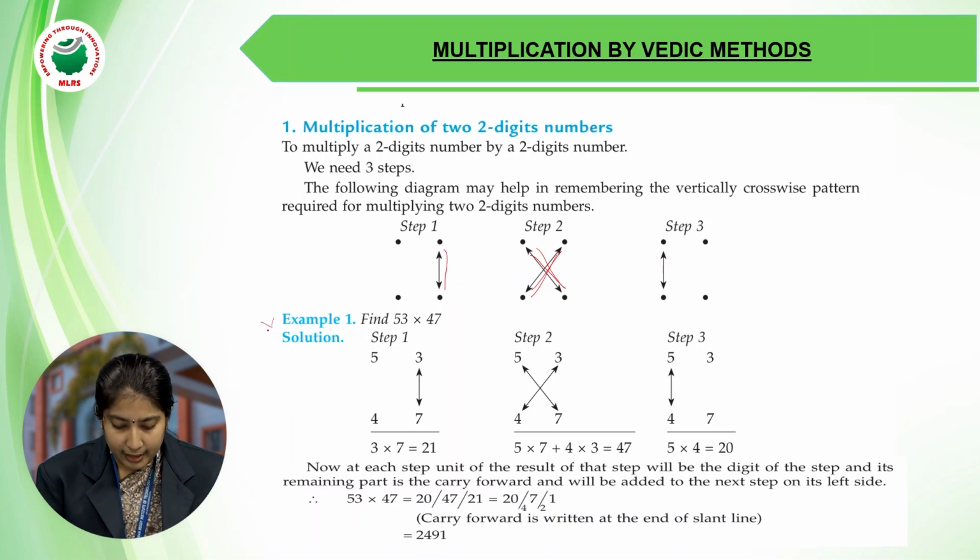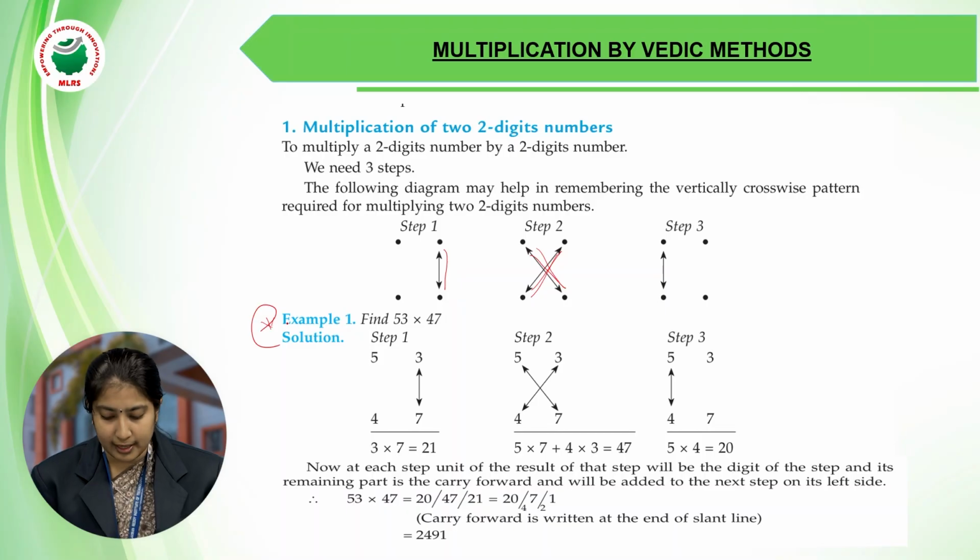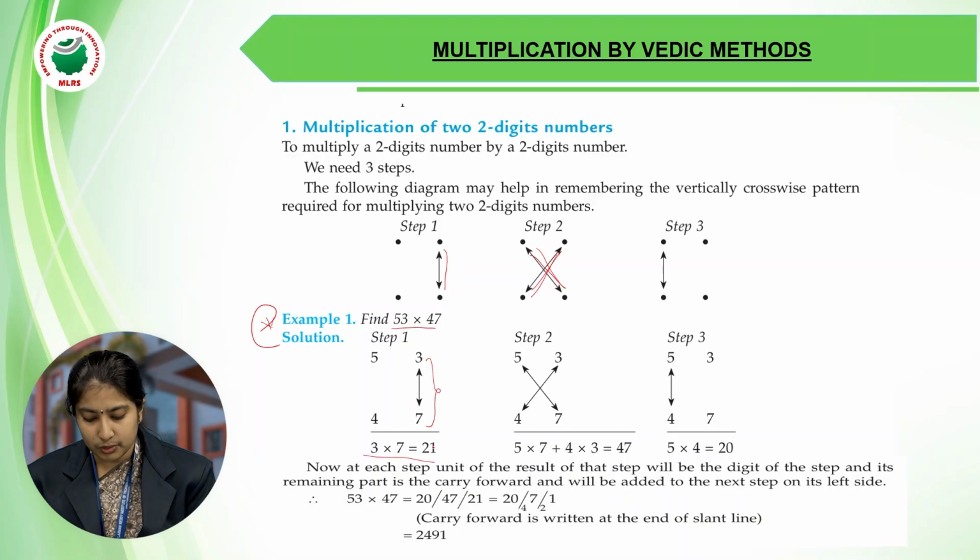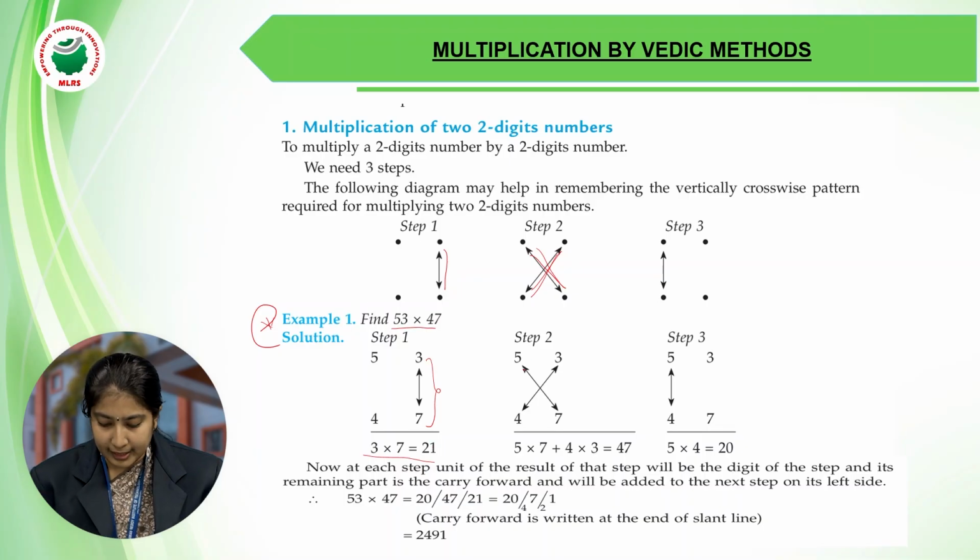If we go ahead with an example here, assume you have to calculate 53 into 47. First you calculate 3 into 7. That is 3 into 7, which will give you 21. So put this 21 aside. Then again you take the two numbers and crisscross them.